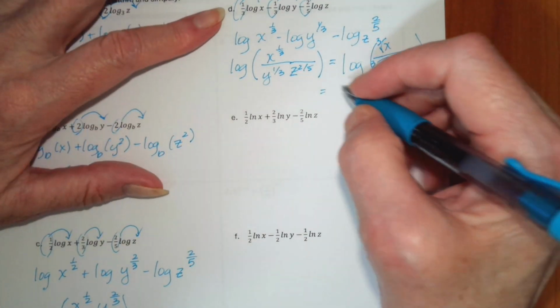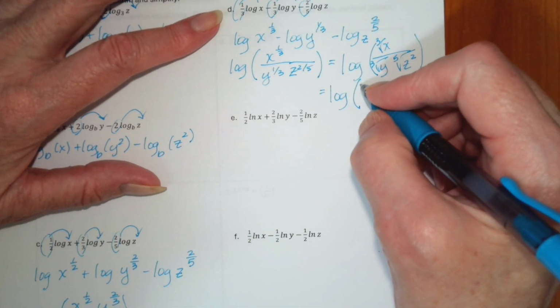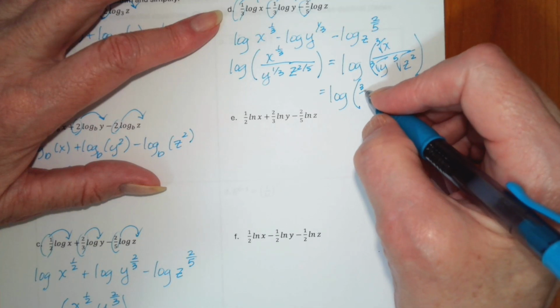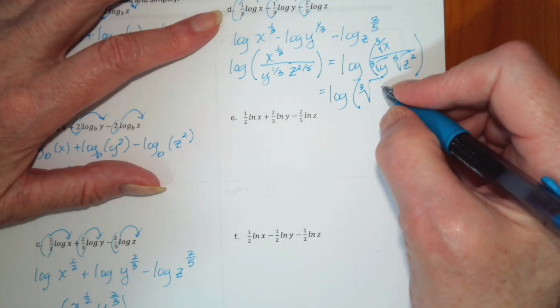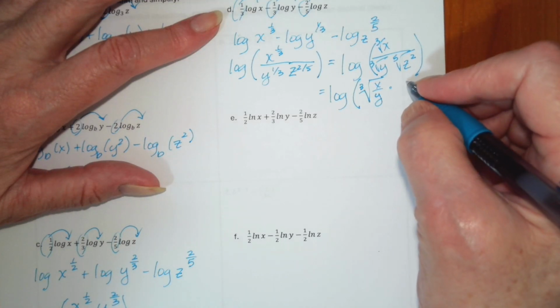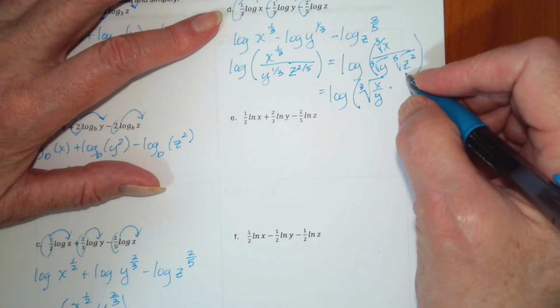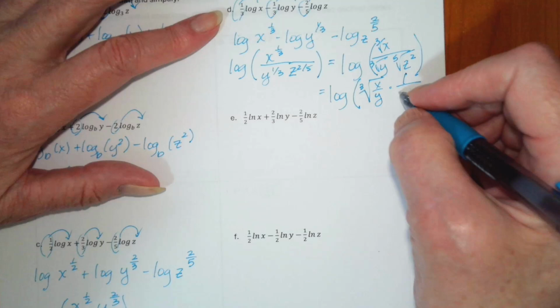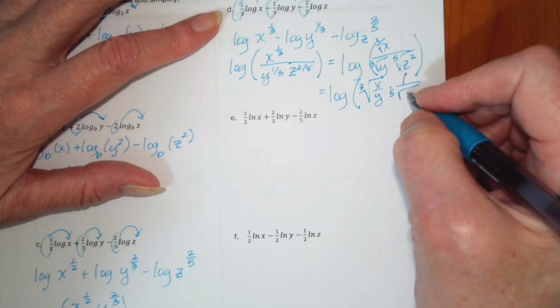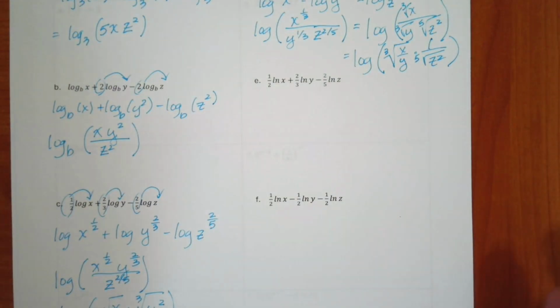In fact, I don't know that I would or not, but this becomes the log of the cube root of x over y times 1 over the fifth root of z to the second. And there's another way to write that if you look at it.